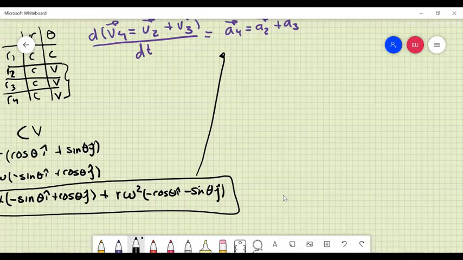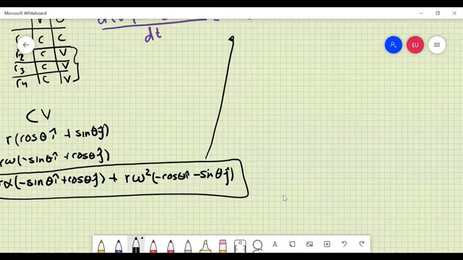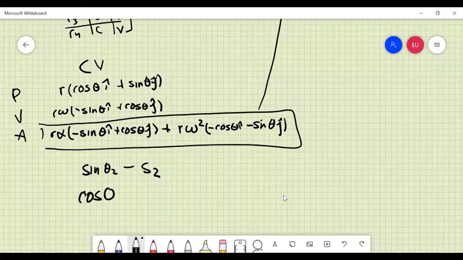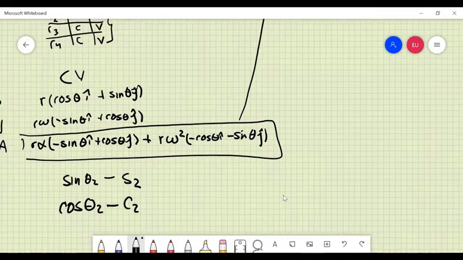I'm going to simplify and use the nomenclature that we have used before. For example, sine of theta 2 is going to be simplified as S2, cosine of theta 2 as C2, and same for theta 3 and theta 4.